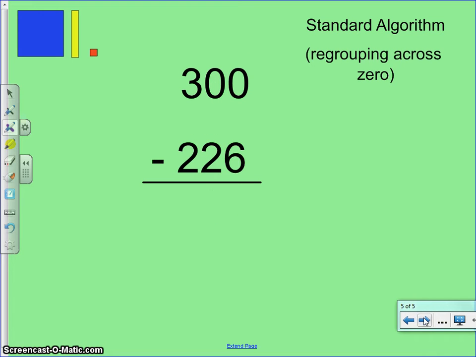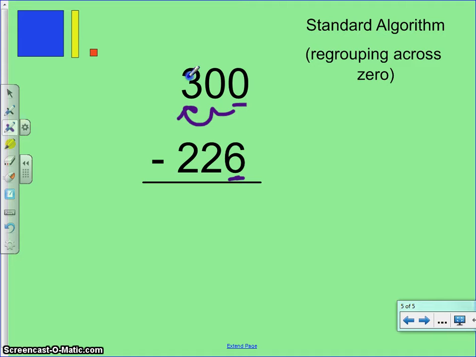Let's take a look at this again. This time I have 2 zeros. Okay, I'm starting off with a 0 in the ones place, and I'm trying to take away 6. Well, I got to go next door twice in order to regroup and borrow.